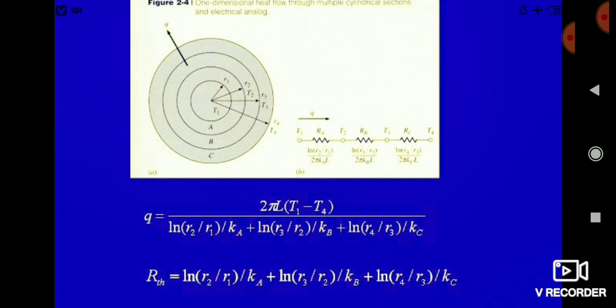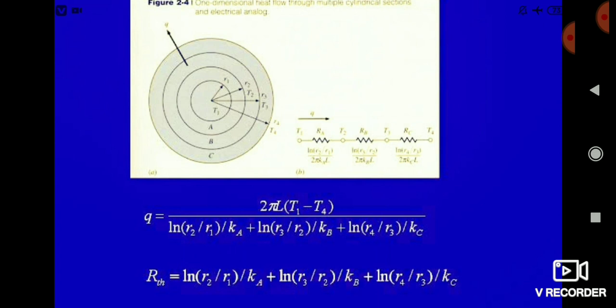So friends, you can simply see here I have calculated the total resistance: R_TH is equal to ln R2 by R1 by Ka plus, and so on. The R2 value is the outer radius of the first cylinder, and R1 is the inner radius of the first cylinder.